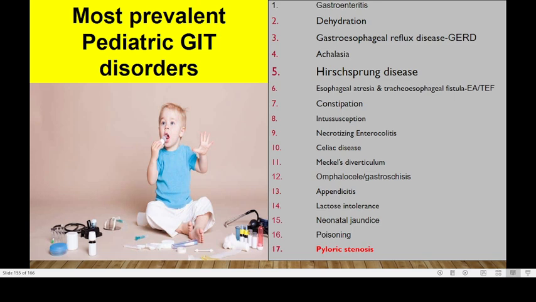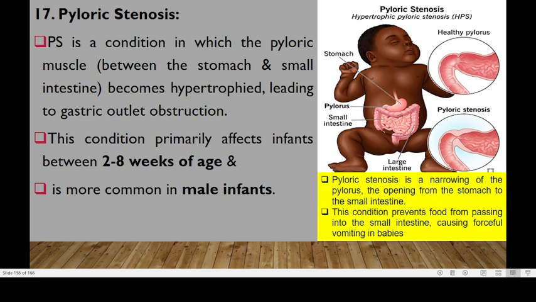Lastly, you have pyloric stenosis. Pyloric stenosis is a condition in which the pyloric muscle, which is between the stomach and the small intestine, becomes hypertrophied, leading to gastric outlet obstruction. This condition primarily affects infants between 2 to 8 weeks of age, and is more common in males than females.